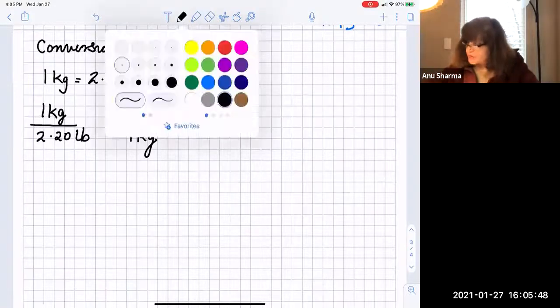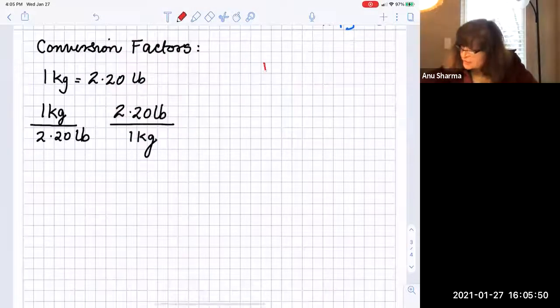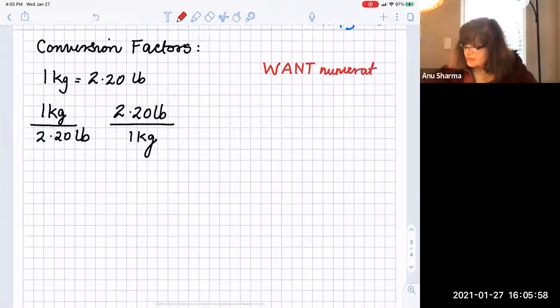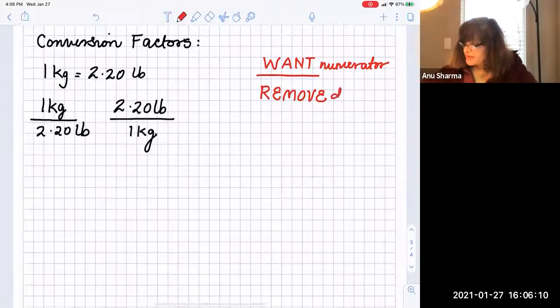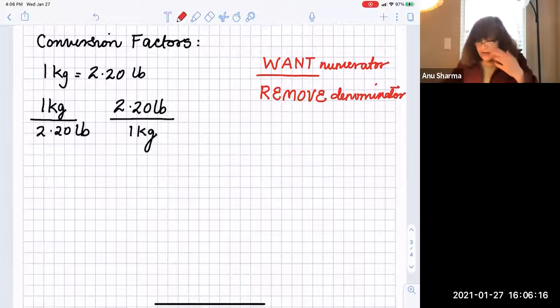The driving force is, what unit do you want? That unit you want stays in the numerator of the fraction. And the unit that you want to remove, the unit that you want to convert from, stays at the bottom, in the denominator. Okay, so this is one thing.